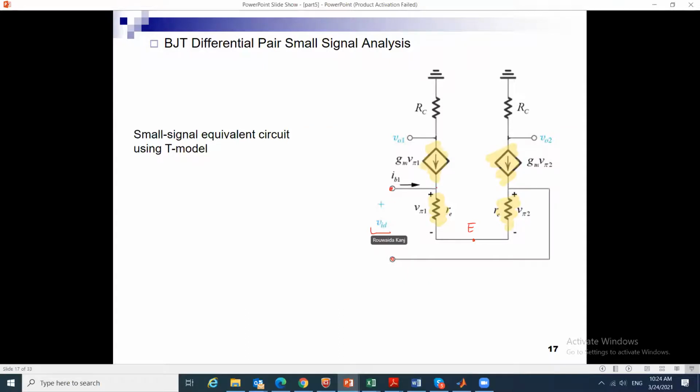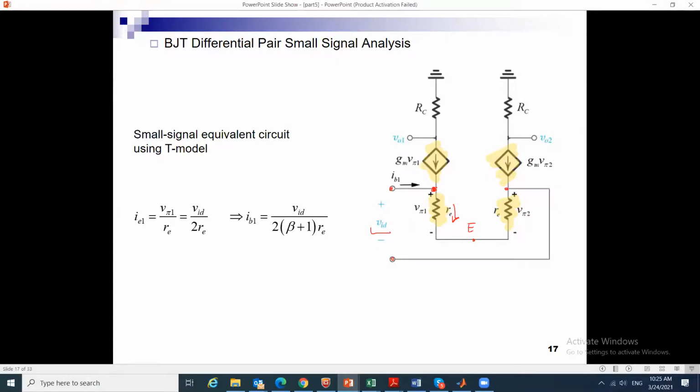Now here it is simple for me to derive the current that is flowing in this branch. What is the current that is flowing in this branch in those two resistors? I have the voltage from here to here equal to VID. And this current is the same current that is flowing here. Okay, so let us see.